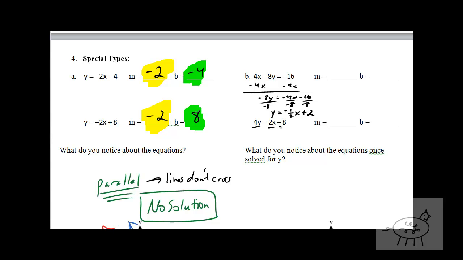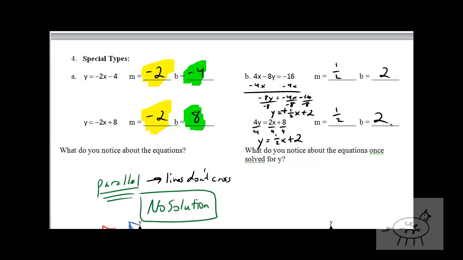This one I just need to divide by 4. So y equals 2 over 4, which is 1/2 x plus 2. So the slope for the first one is 1/2 and the y-intercept is 2. The slope for the second one is 1/2, and the y-intercept is 2.